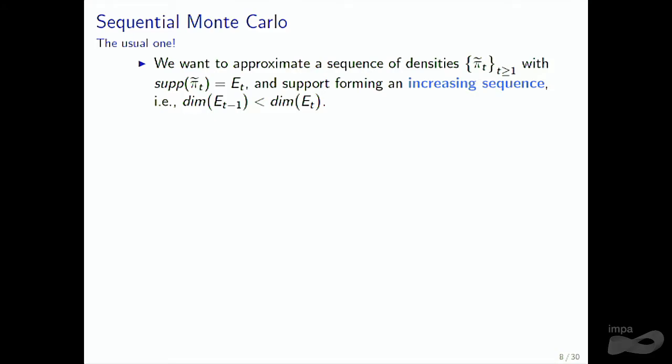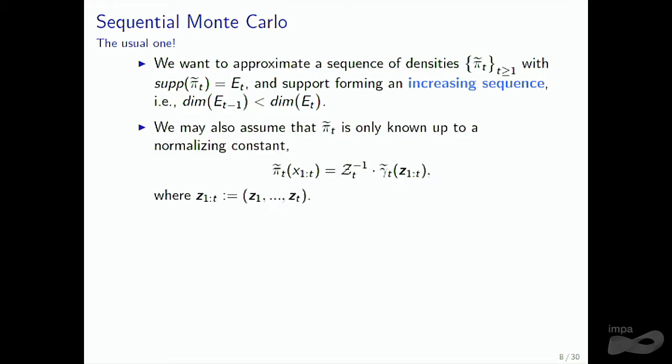So if you think of our examples, ET will be something like R^D to the power T. So this will be defined on the set of paths. Our Z has dimension D, and for each time, we'll be appending a new Z. So this distribution will be defined on the space R^D times R^D times R^D.